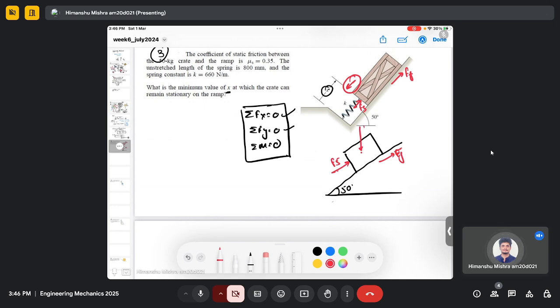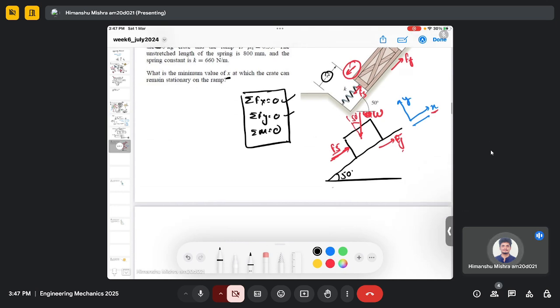This is my weight, which is 490. Okay, let me write W. This is 50 degrees, and my coordinate system is inclined x and y. So this is my inclined coordinate system, because then my Fs and Ff, spring and friction force, will be completely in the x direction. So this will simplify our calculation.